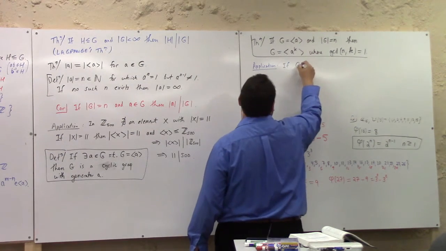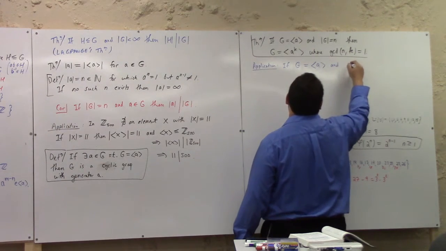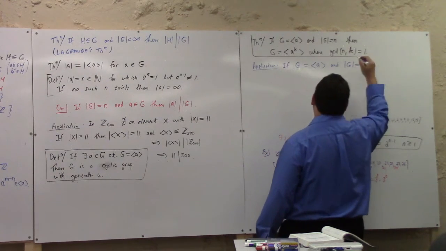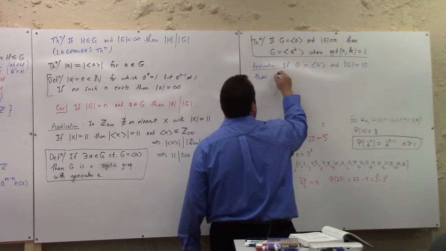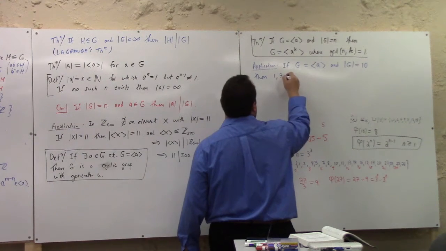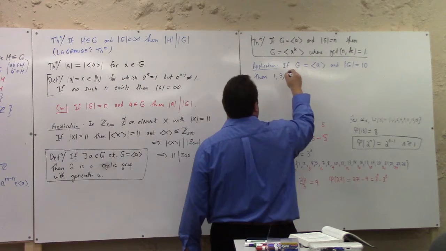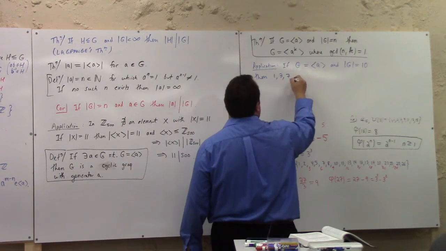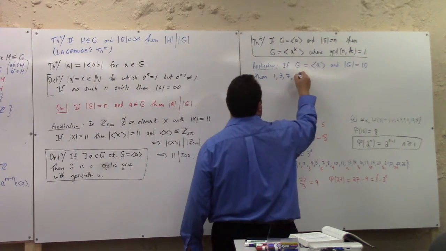If G is equal to the set generated by a, and let's say that the order of G is 10, then let's see here. 1, not 2, 3, not 4 because 4 has a common factor of 2. 5 is out, 6 has a common factor of 2, 7. 8's out because it has a common factor of 2. 9 and 10 are relatively prime.